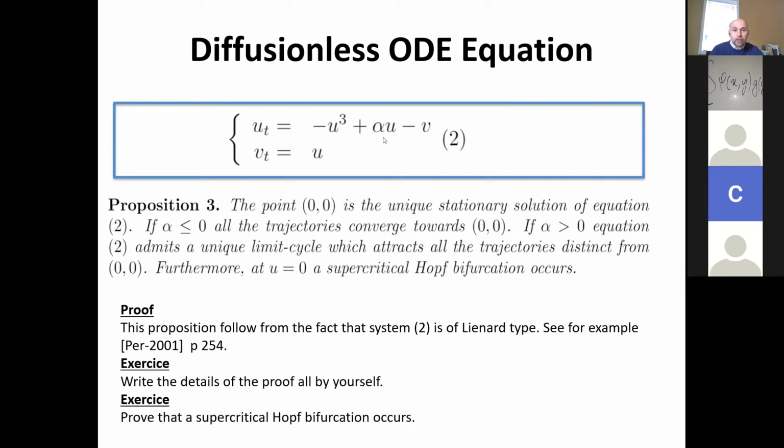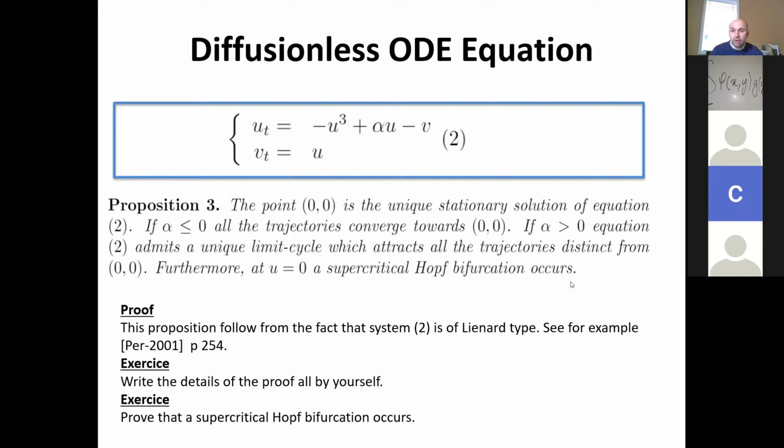You can prove that this sigma is -3. You can do all the computations and it works well, and you prove that you have a supercritical Hopf bifurcation.